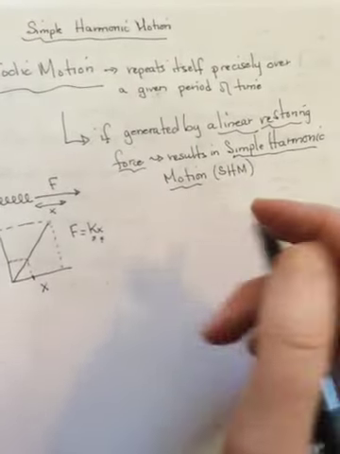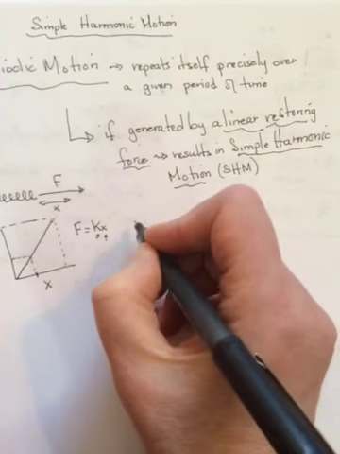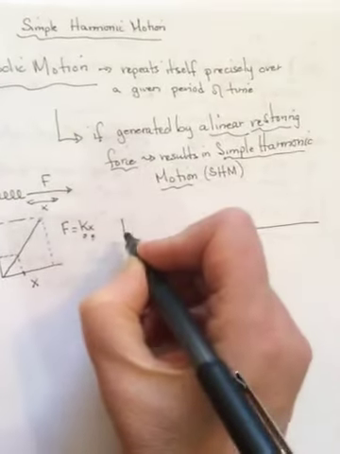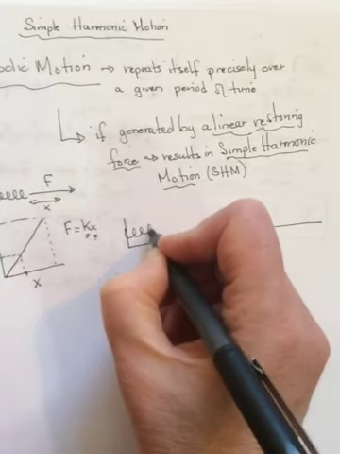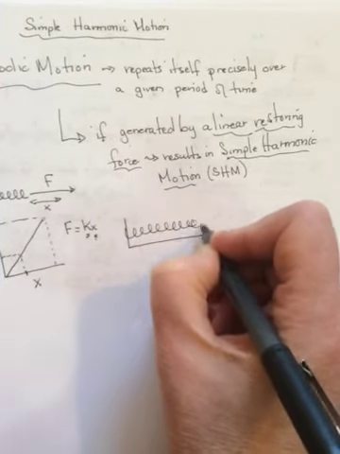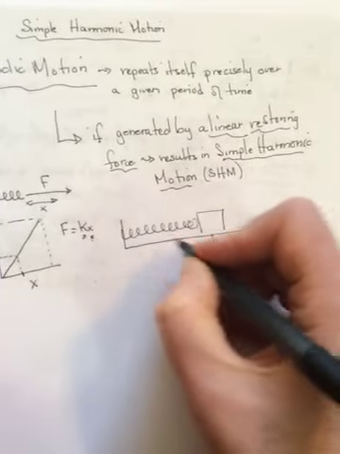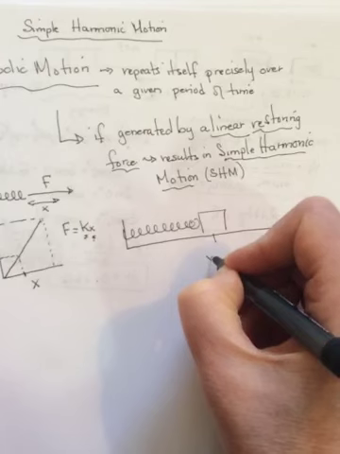Now, perhaps to understand this whole linear restoring force and repeating itself precisely, we need to think about a system. So imagine I have a spring hooked to a wall, and on the end of the spring is a box. And the spring isn't stretched right now, and the box is happy.